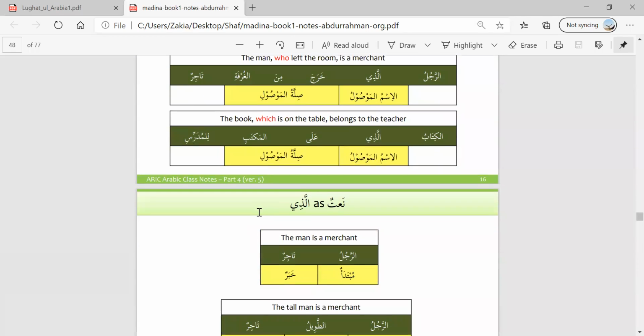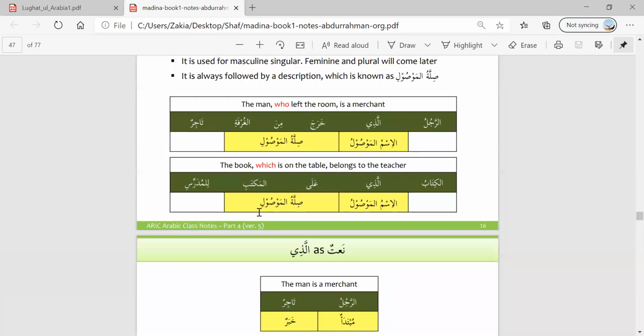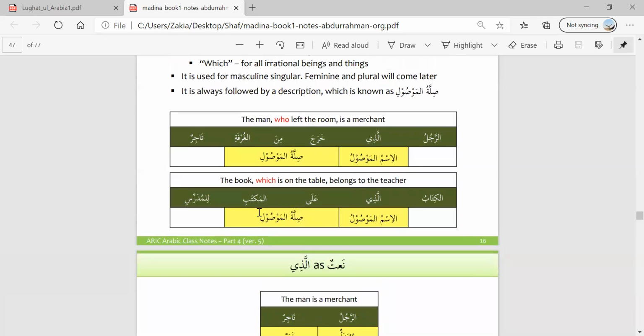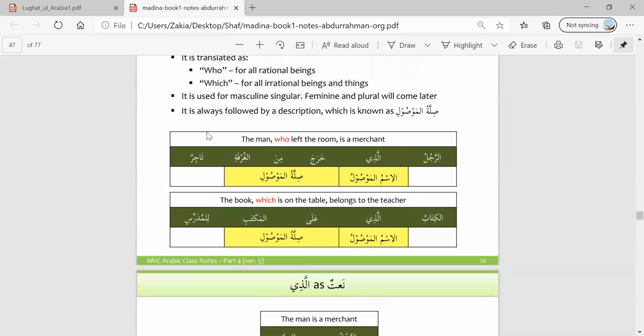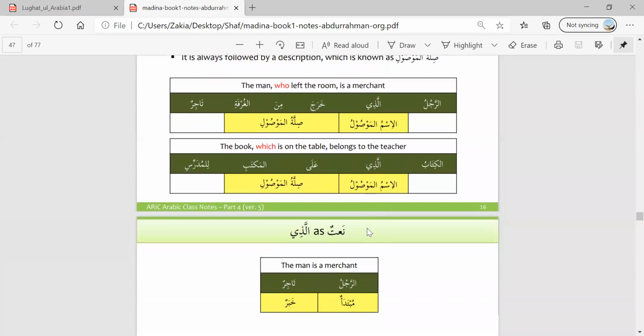Then you have الذي here, that's اسم موصول, and then silatul mawsul. So anything that comes after, you have a grammatical description. So it is always followed by a description, which is known as silatul mawsul. So the description that follows alladhi is known as silatul mawsul.